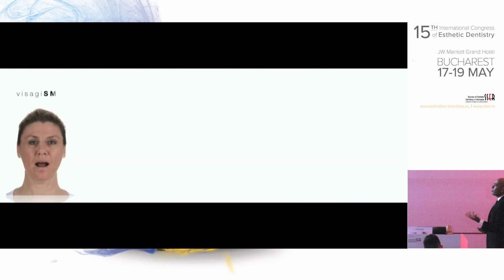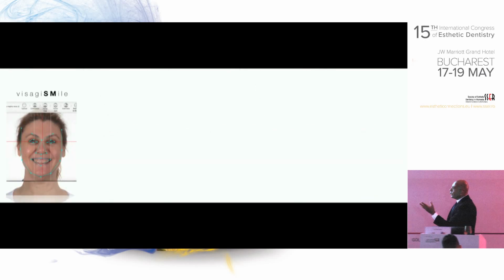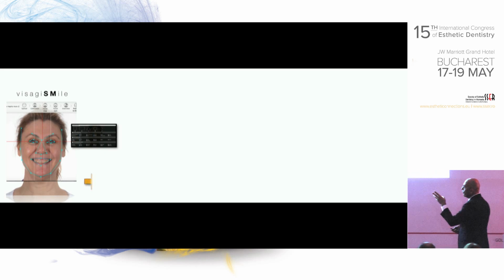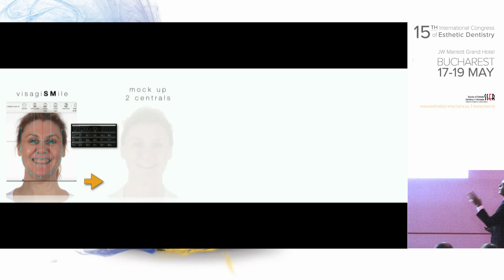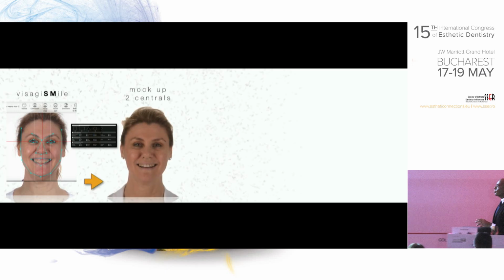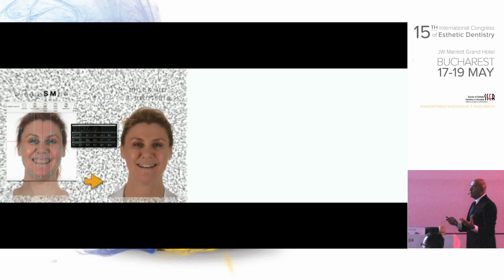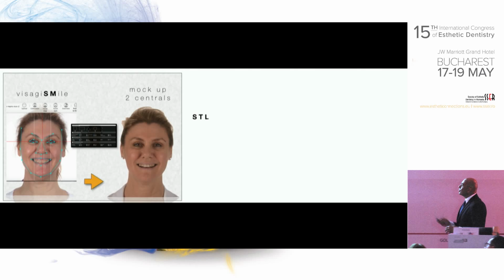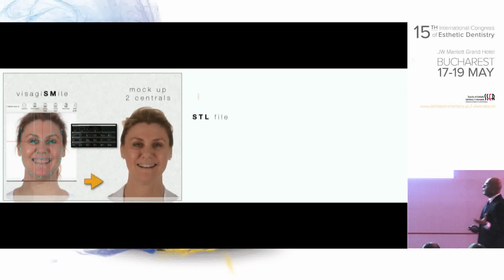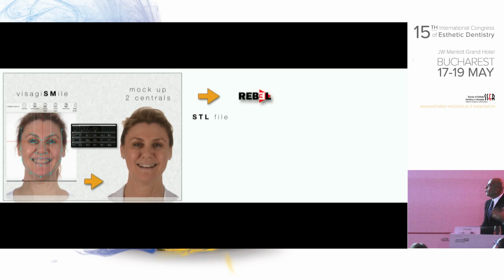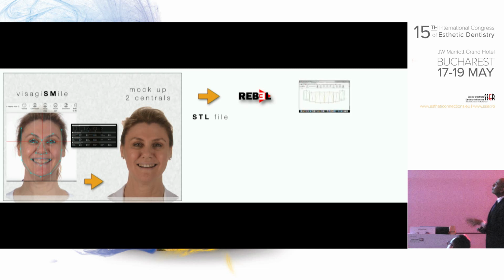So if we want to summarize the steps, first we get the face recognition, then we go through the questionnaire, then we do the mock-up on 2 centrals, pack this up, just send it to Rebel, and it's now automatically being sent. This was the old version.